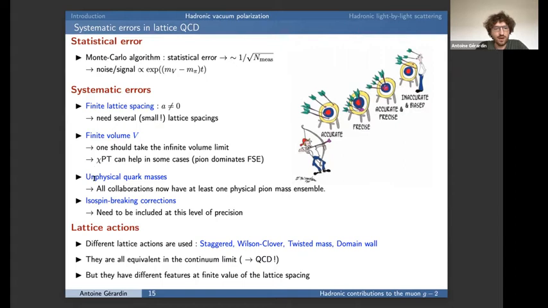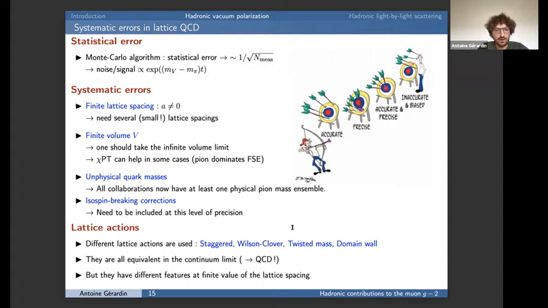In some cases, we also need to do an extrapolation to the physical pion mass, but this is less and less a problem because most collaborations are using physical pion masses, or at least one ensemble with a physical pion mass. And then to reach this sub-percent precision, we also need to include QED and strong isospin breaking corrections. These are the main systematics that we need to include in our calculation.